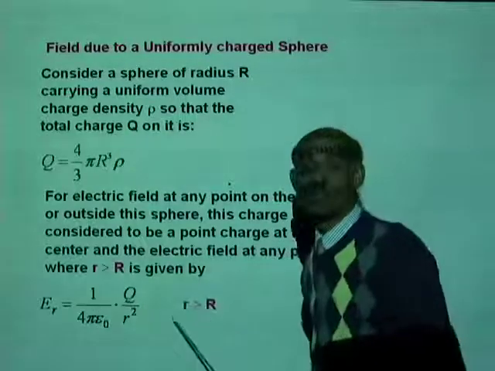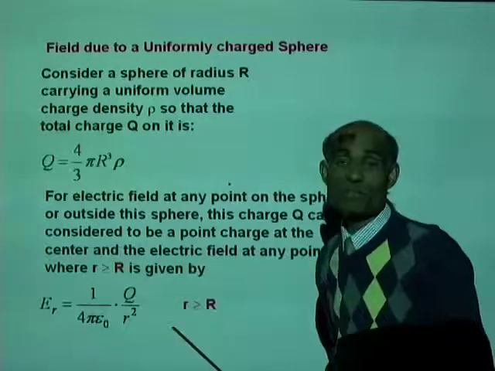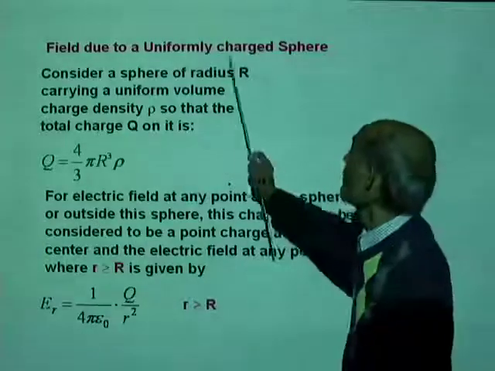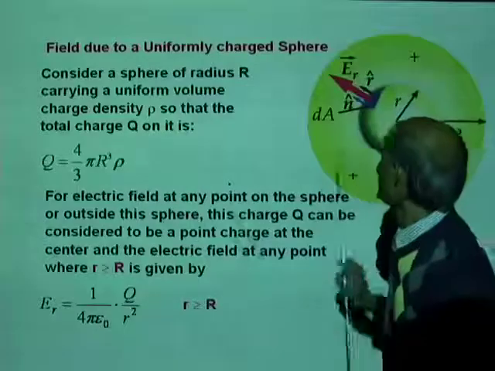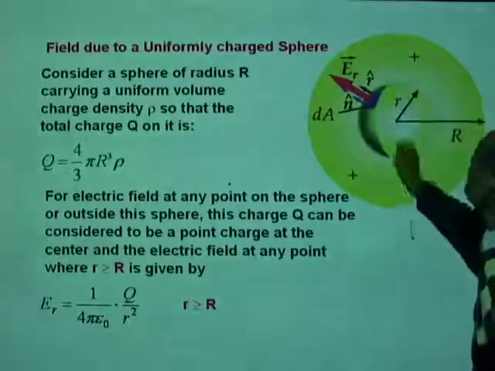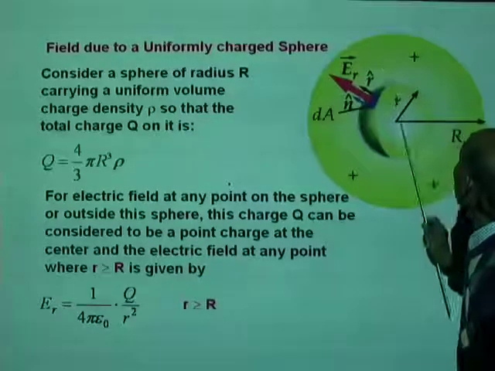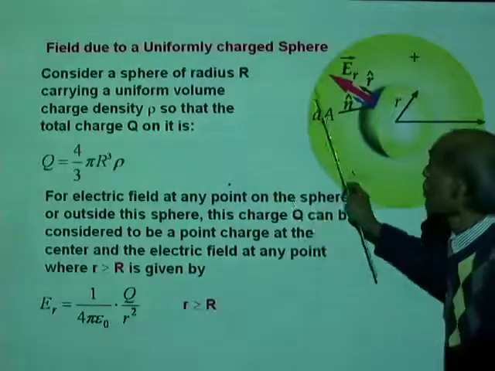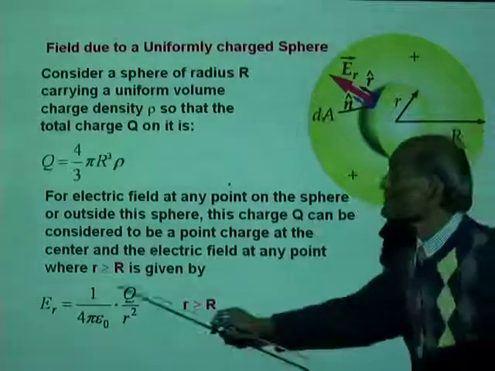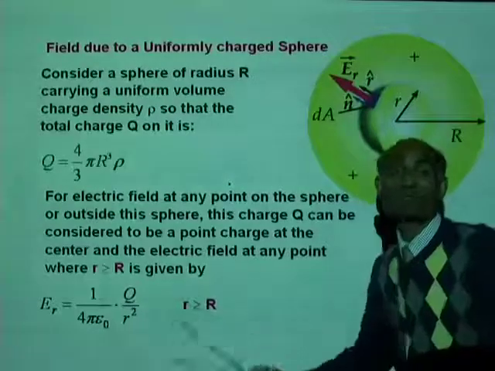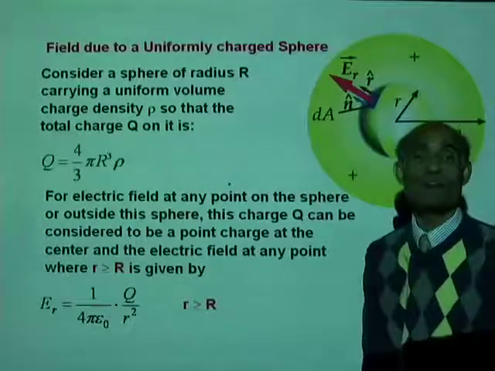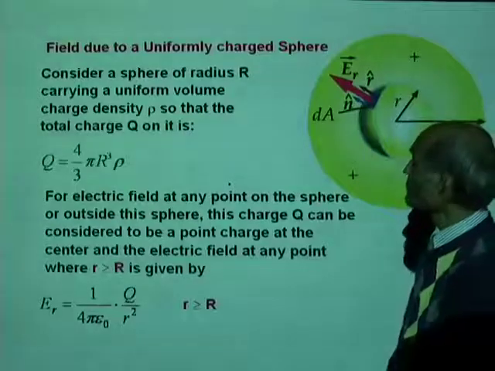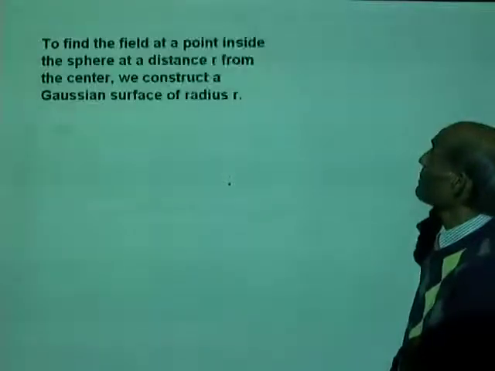So this is for the distance r greater than the radius of that sphere. So this is the sphere of radius r. At any point outside or at any point on the sphere, the electric field will be 1 over 4 pi epsilon naught times Q over r squared.